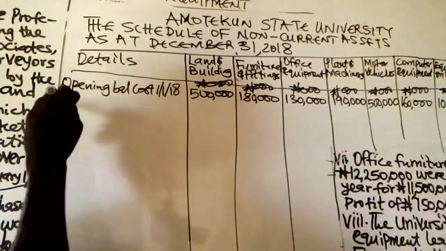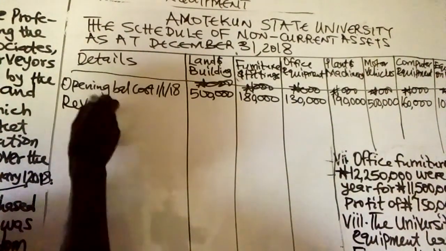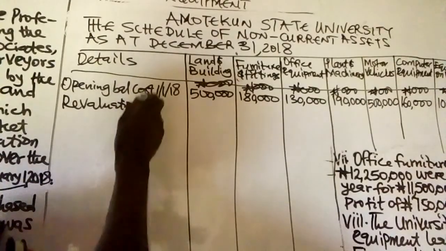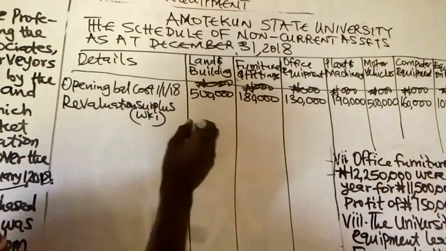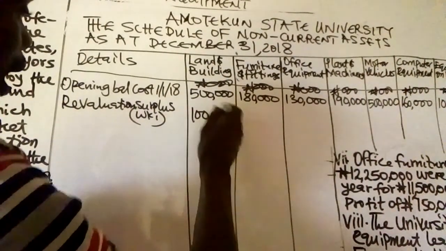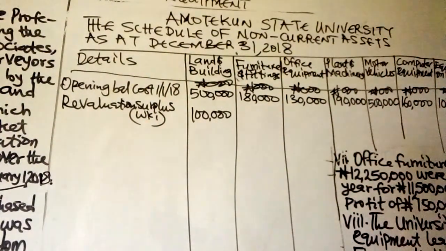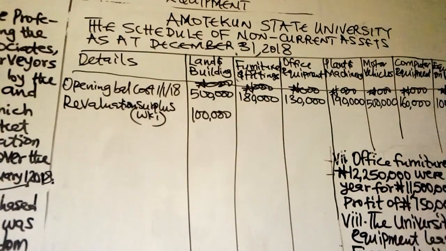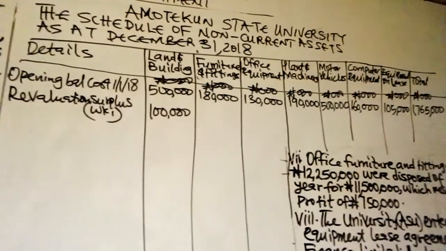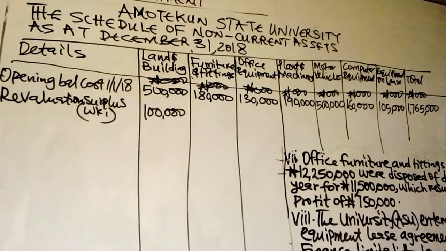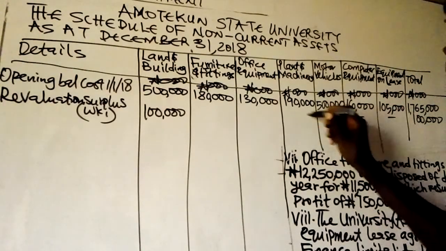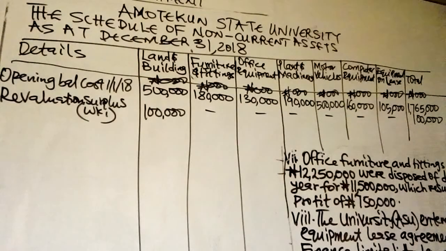So revaluation surplus, that is working one. We have 100,000 for land and building, and that is the only asset that was revalued. So you will also have that same 100,000 under the total column, since that is the only asset that produces the revaluation surplus.